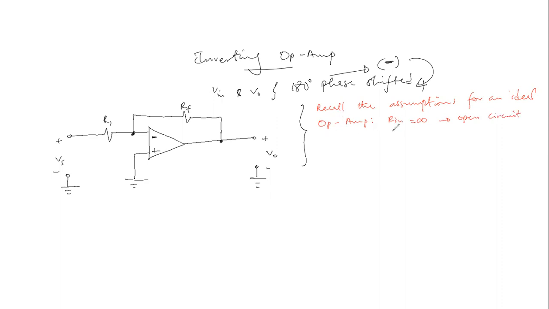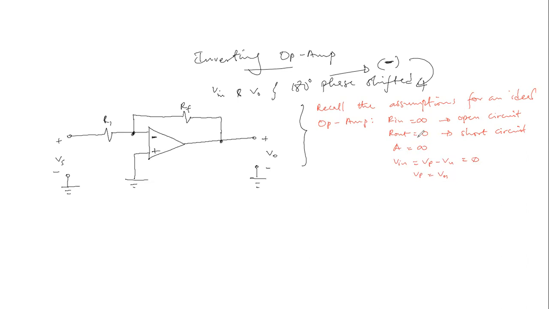Then the output resistance is the same as 0. It can be represented with a short circuit. The differential gain is extremely large, infinite. V in is the same as Vp minus Vn, which is the same as 0, such that Vp is the same as Vn. Good.